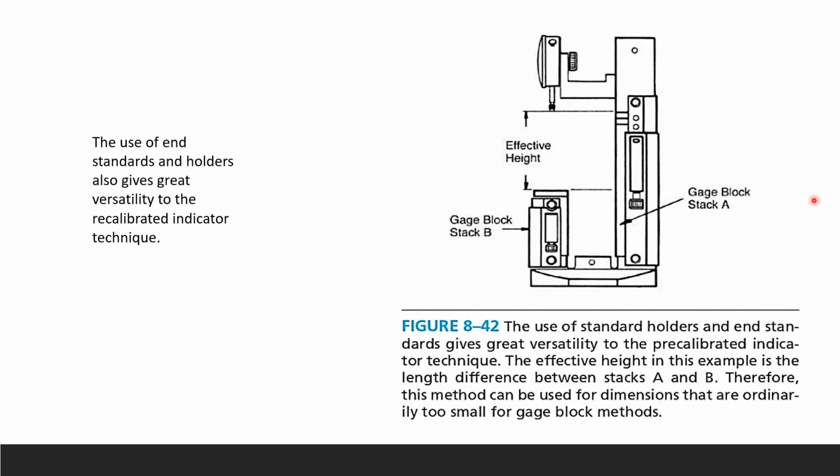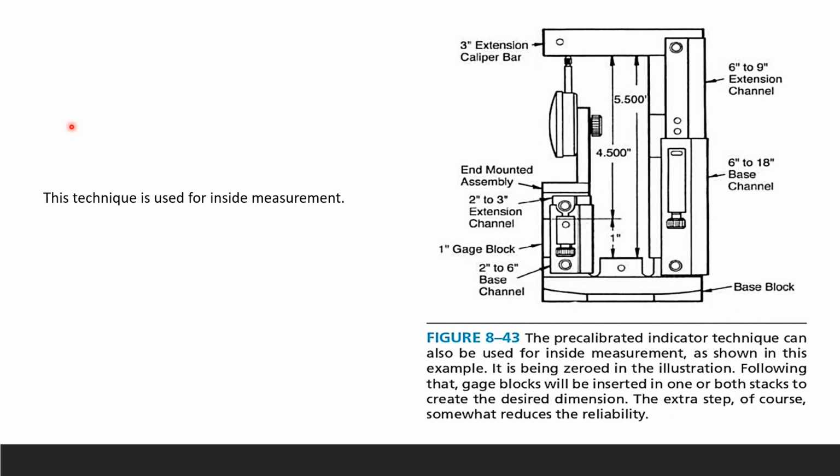Okay, and this pre-calibrated indicator technique, we use it for inside measurement. We also use it for outside measurement, but in this textbook they only show inside measurement.